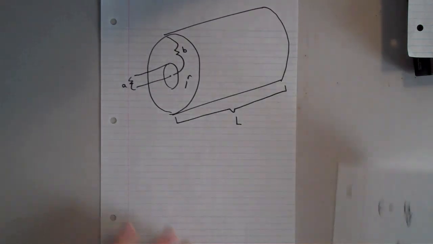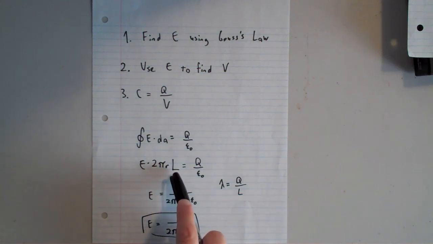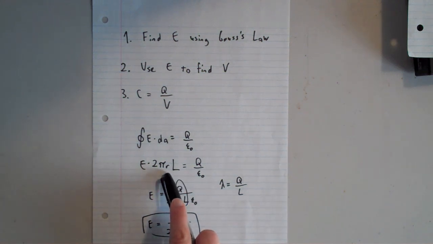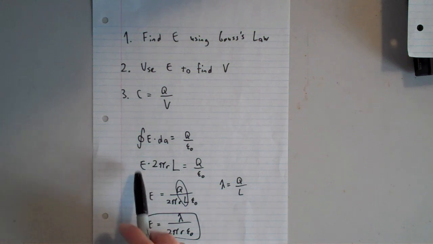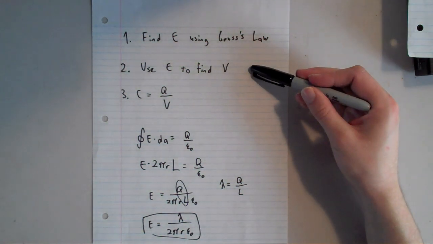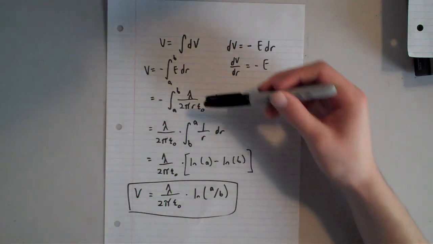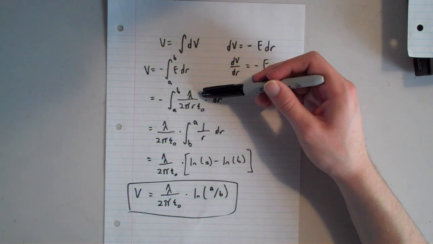It looks like this. And so just kind of recapping how we did that. Remember, first we found E using Gauss's law. We took that integral, it was just 2 pi r L. At any given r, that would be the integral of dA. We just multiplied that by E. We solved for E. Instead of Q over L, we used lambda, because it ended up canceling out later. Next, we used the electric field we found to find V. So we integrated negative E dr, using that E expression that we just found.